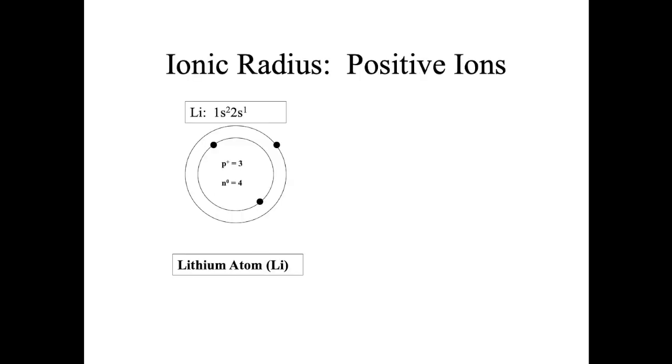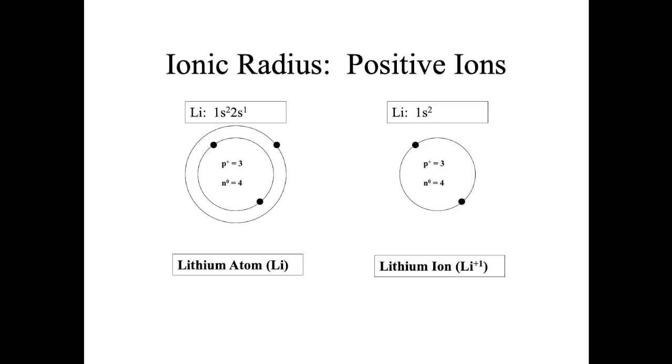So let's think about positive ions here. Our example here is lithium. It has one valence electron, so it's very easy for it to lose that electron, and then it has a full valence energy level, because energy level 1 can only hold 2 electrons, and it becomes a +1 ion.